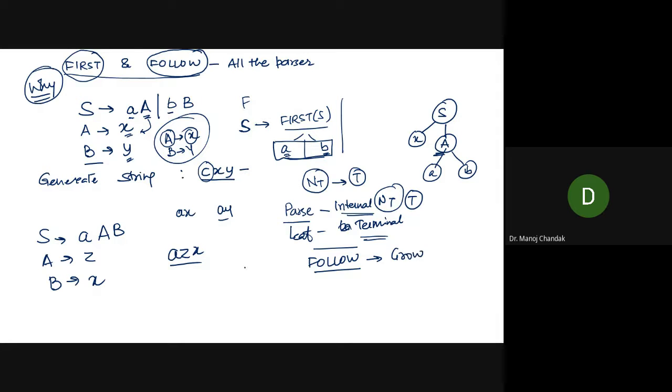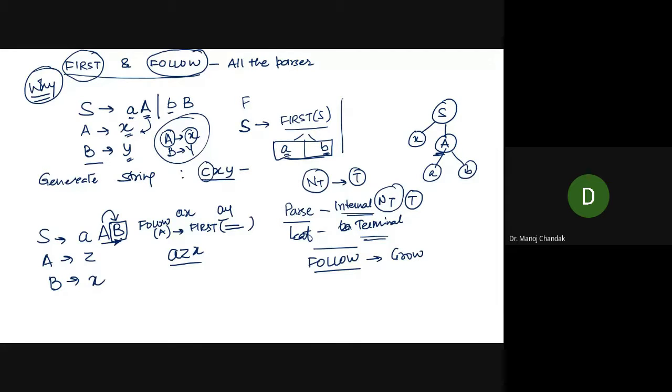For example, if I ask what is after A, it is B. So if I want to find follow of A, then I must know what is after A. And follow of A will be calculated using the rule first of something, and that something is the symbol which is present after A. Okay. So this is about first and follow.